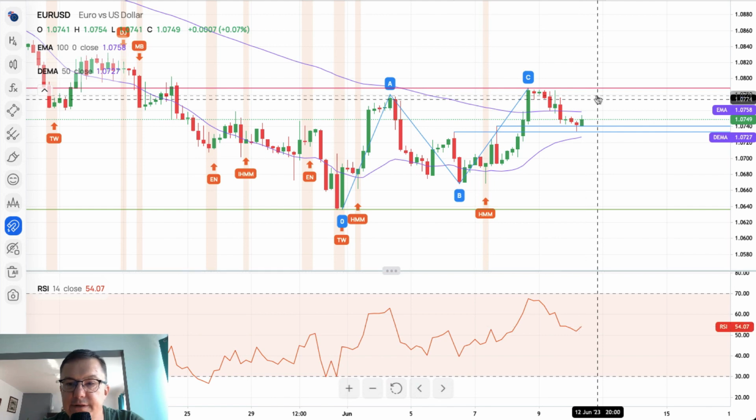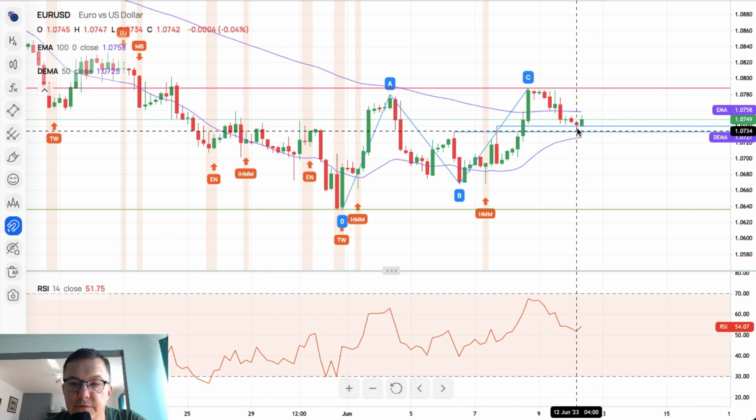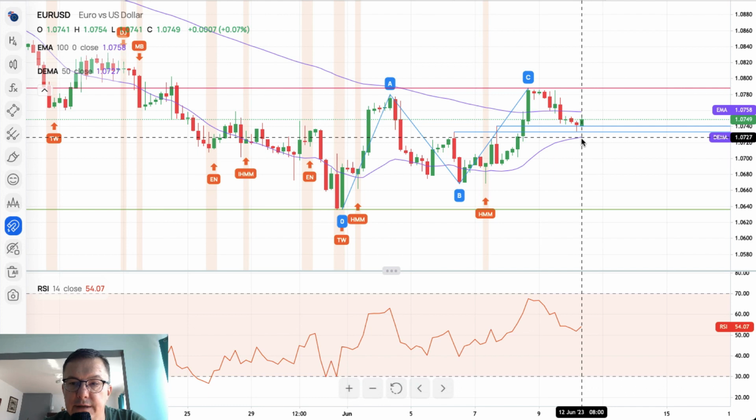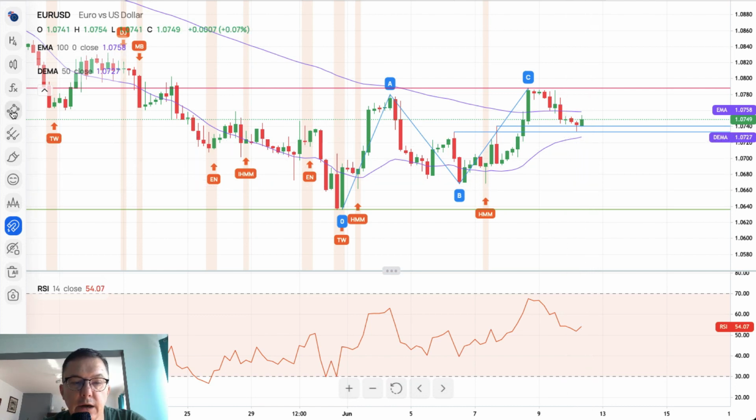because the momentum is still positive. However, any violation of this level to the downside would likely put the 100 periods moving average to test 1.0727, and then the breakout to the downside will likely occur.